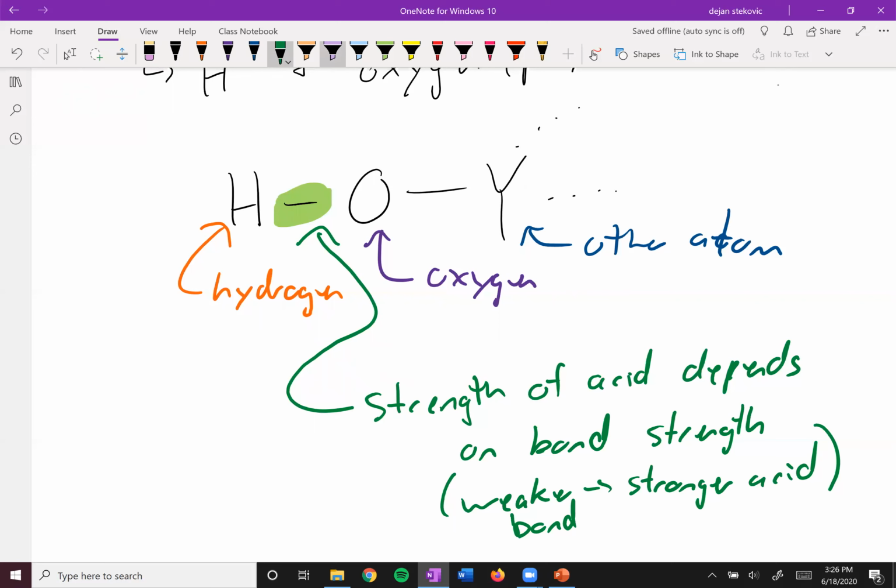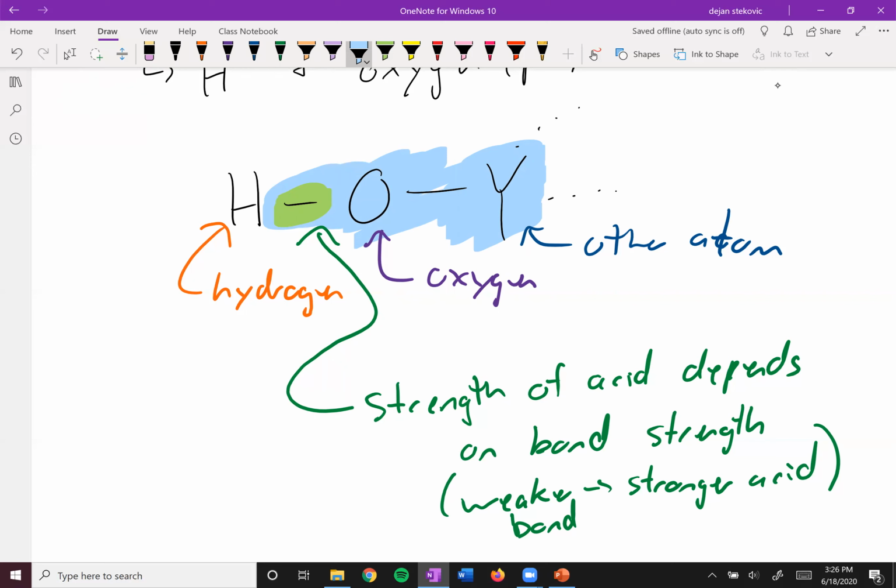And if we think about what's going to make this bond weak or strong, it's the same case as before of how much electron density we have on this bond. So what we have here is some electrons on this Y, some electrons on this oxygen, and then some electrons in this bond as well.